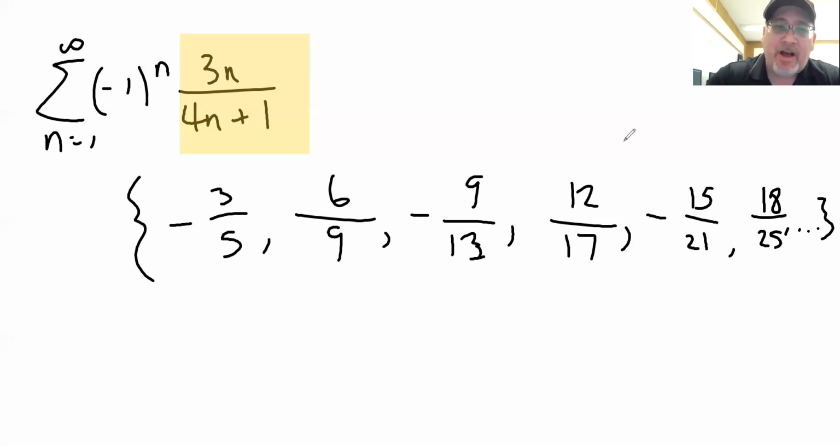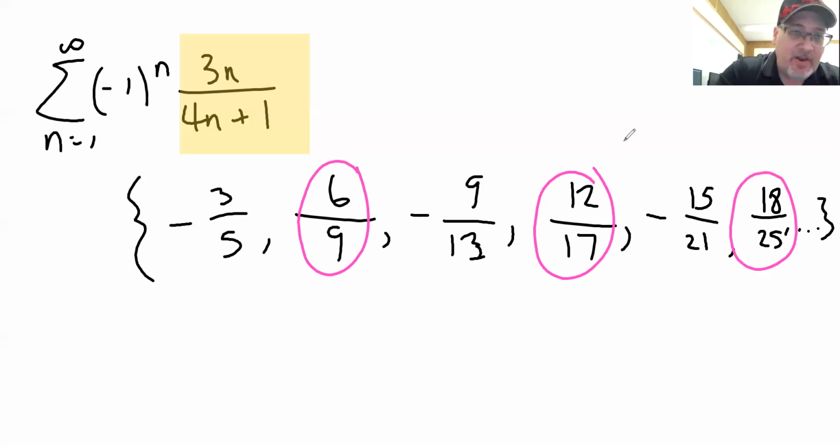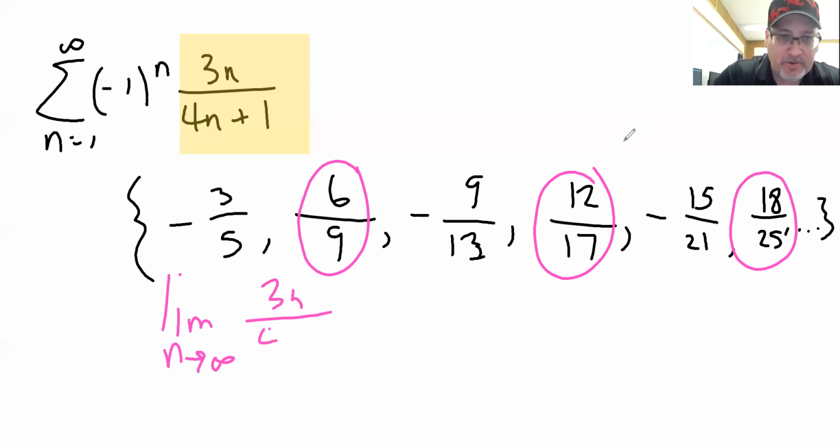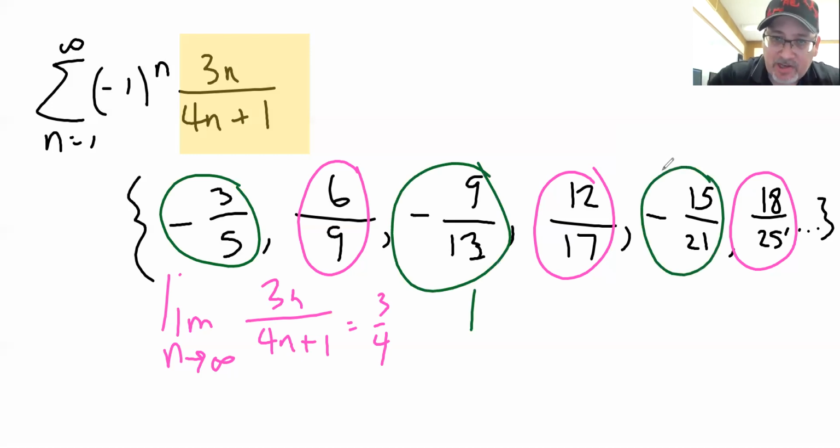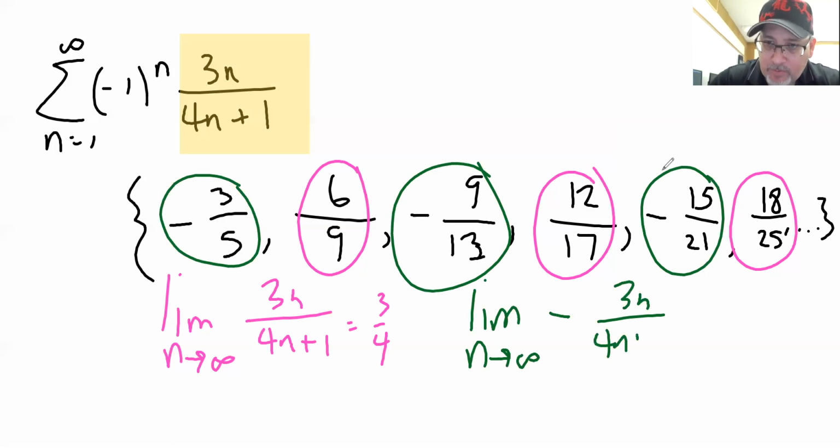If we look at only the positive terms, then the limit as n approaches infinity of the positive term, so we lose the alternator, is 3/4. But if we look at the negative terms, then we're basically doing the limit as n approaches infinity, the alternator would always be negative, and the term is still 3n over 4n plus 1.